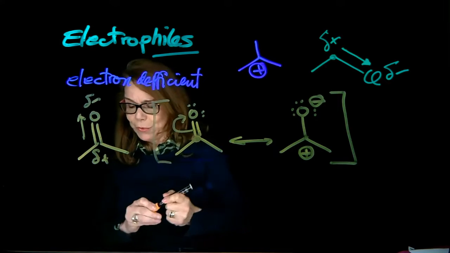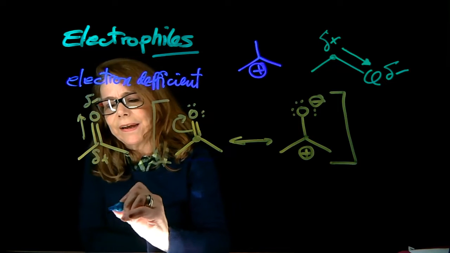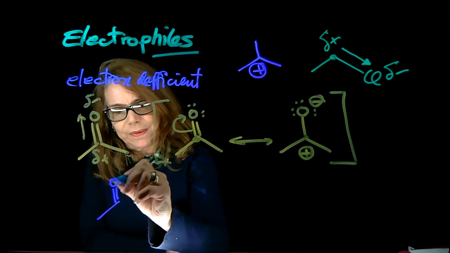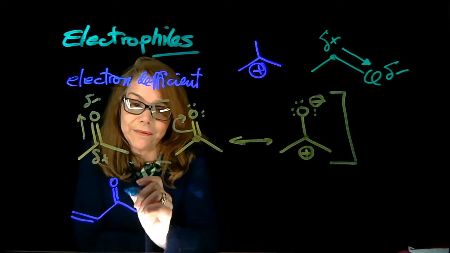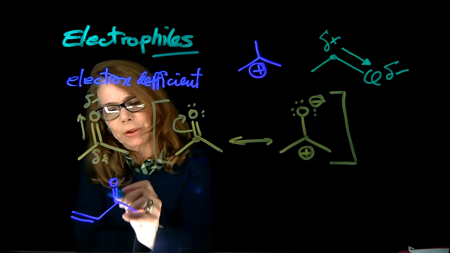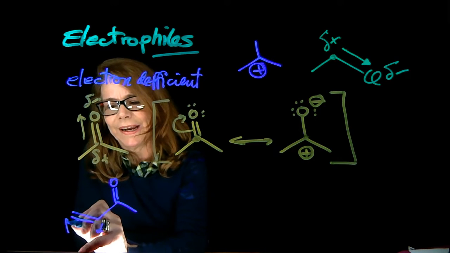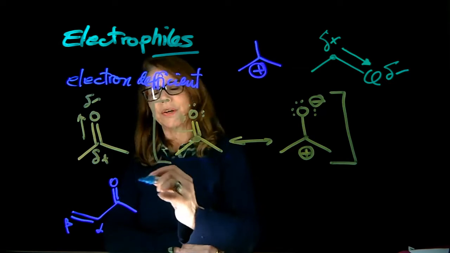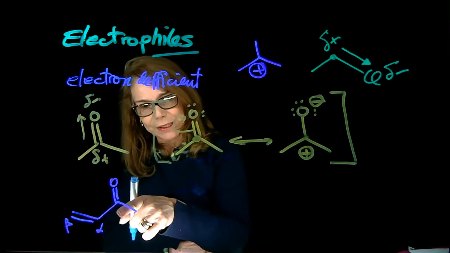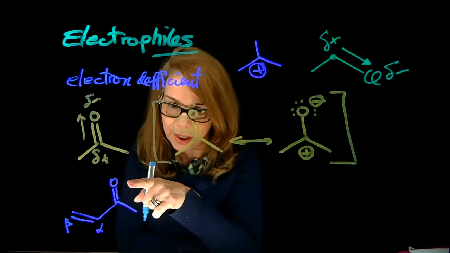Let's do one more example of electrophiles. Say I have now this molecule, and here I have a double bond. This molecule is a ketone, but it is an alpha, beta unsaturated ketone. So let's do resonance here. We know already that the carbonyl is delta positive, looking at the structure above.